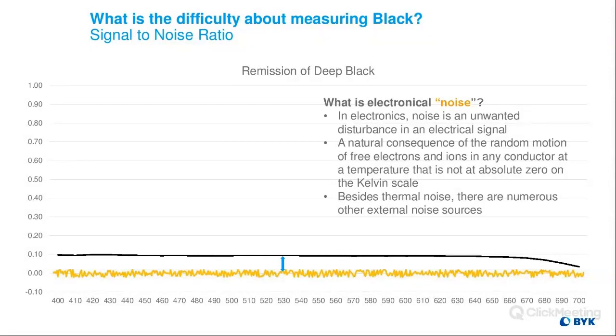But when you're measuring blacks, the signal is so low that suddenly that noise is a significant portion of the measured signal. And that's a problem because you need really good precision at that very low reflectance level in order to accurately, precisely, and repeatably measure blacks.